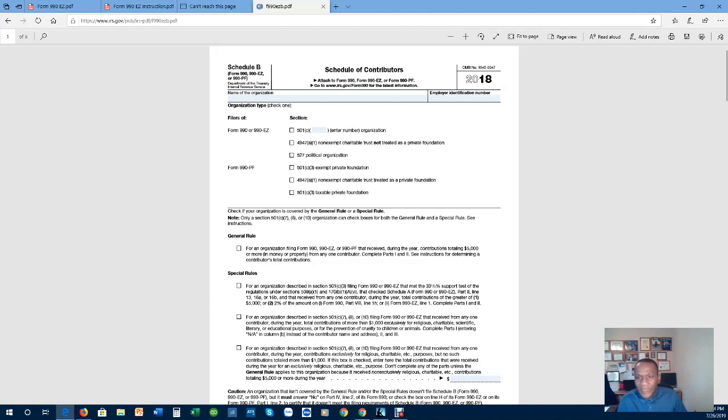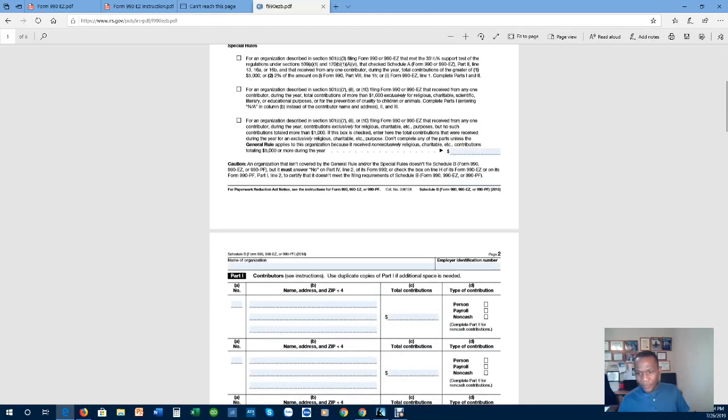And Form 990-PF, this is for private foundations: 501(c)(3) exempt private foundation, 4947(a)(1) non-exempt charitable trust treated as a private foundation, and 501(c)(3) taxable private foundation. And then you'll follow these general guidelines and rules here.